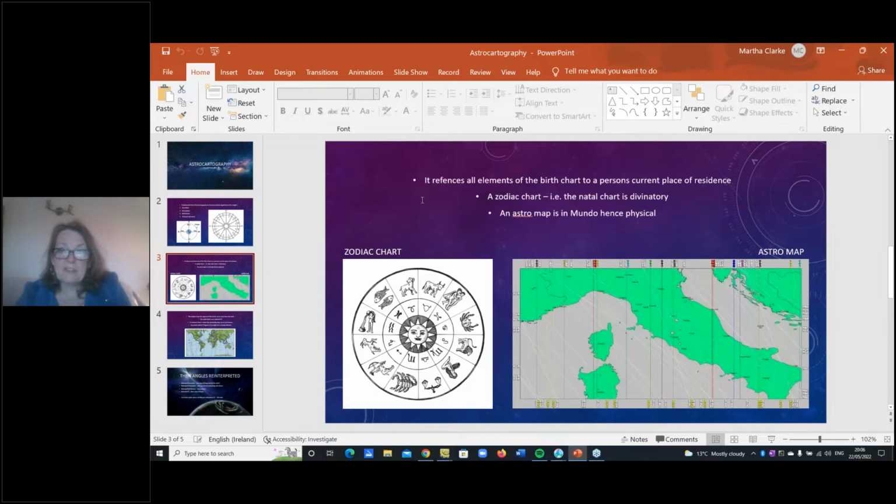So basically, astrocartography references all the elements of a birth chart to where a person currently lives. This map here is my map of Italy, for example. The zodiac chart, your circular natal birth chart, is divinatory. The astro map is what we call in mundo, so it's physical.